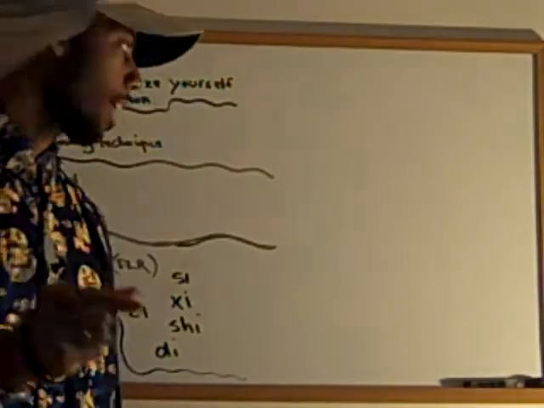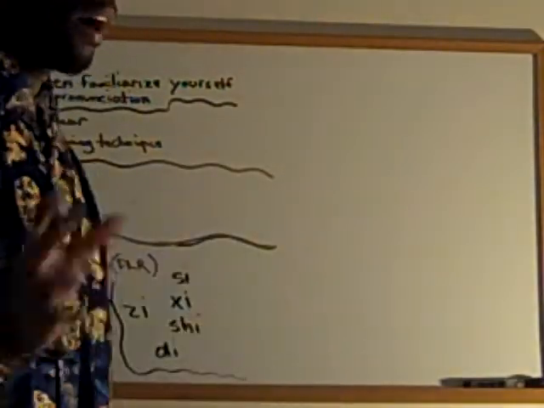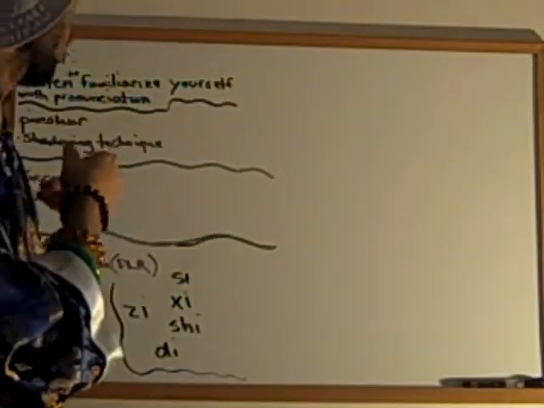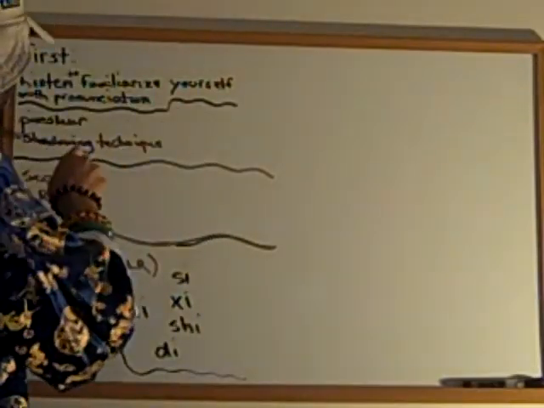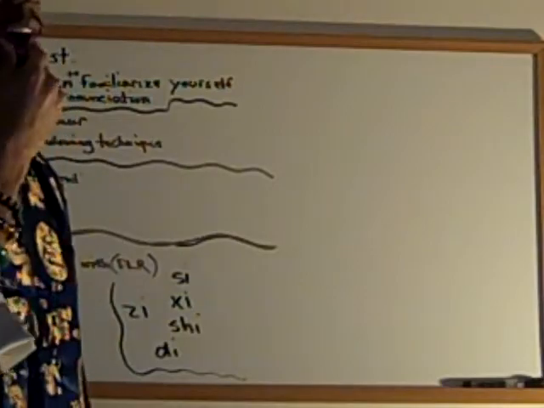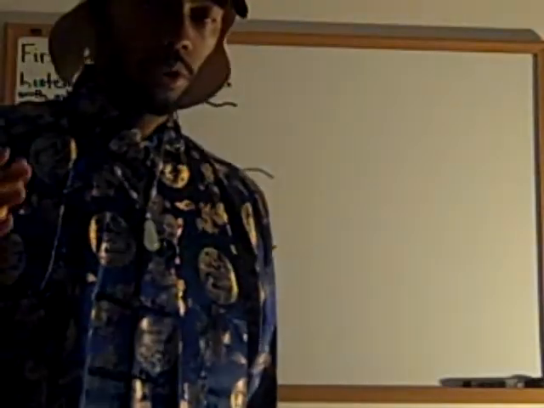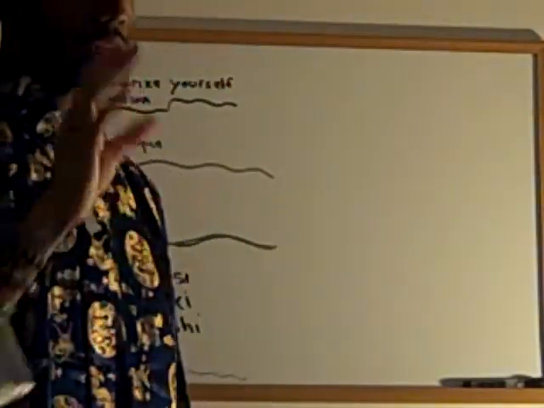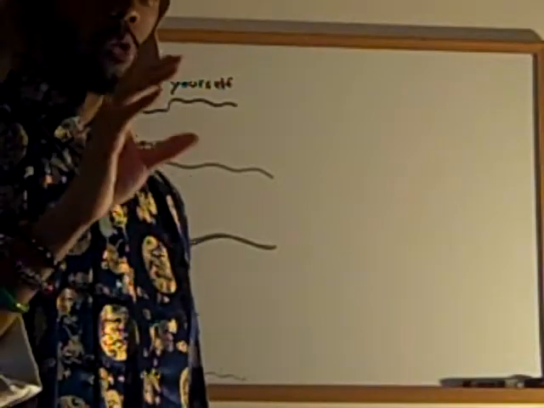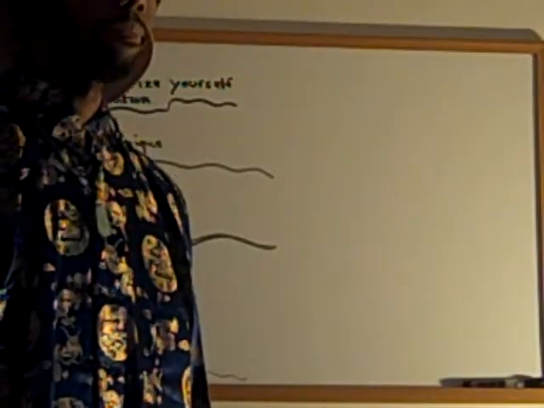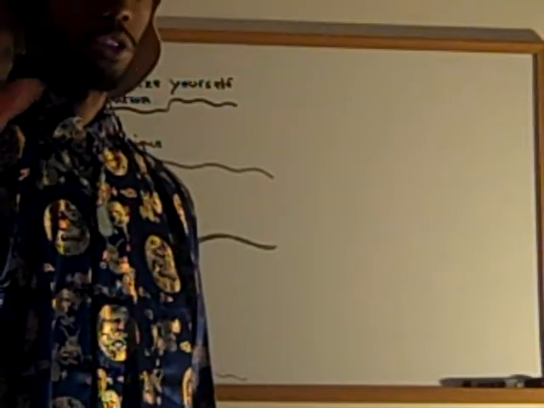Now, I forgot something. The characters. This is a little complicated. When you get to the second step, since a lot of the material is in simplified characters, I would advise you to just focus on simplified for a while, and then you can start learning traditional later.